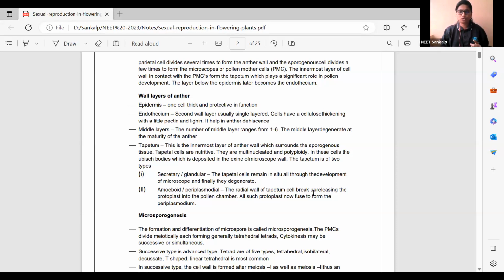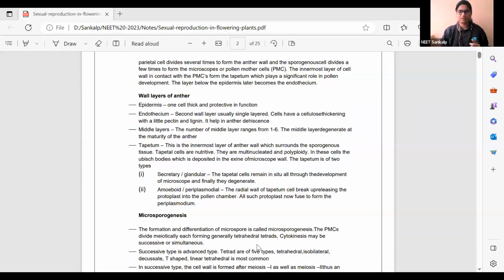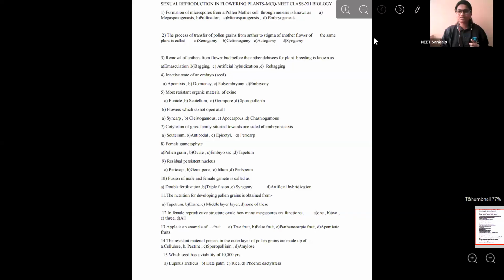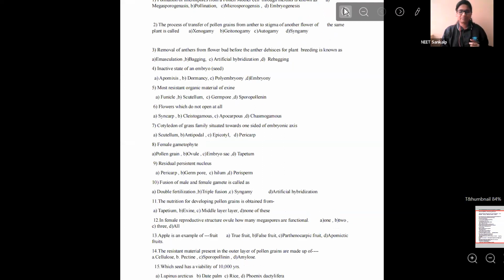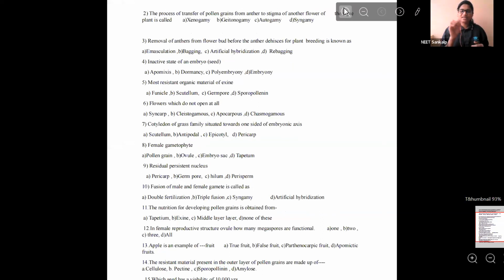Now let us solve some questions again. Whenever you are reading using your textbook, use some techniques. What techniques? The techniques by which you can remember whatever you read for a longer time. You can keep your pen or a pencil, or the best is you can use your fingertip to read anything.